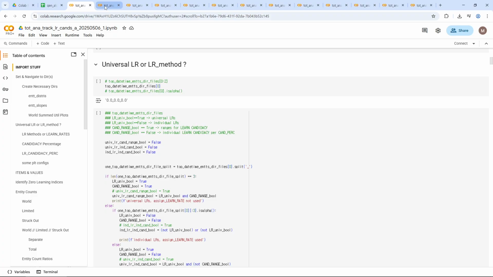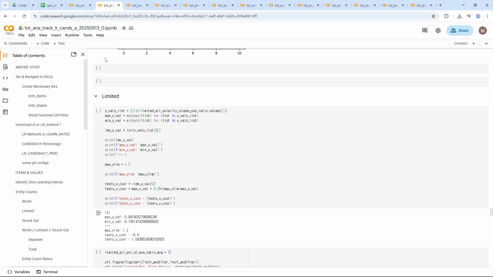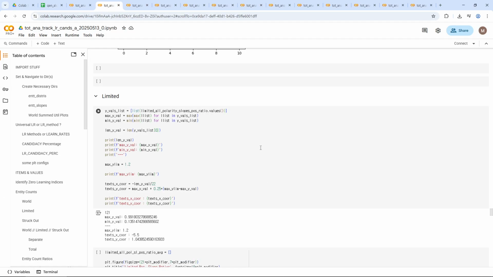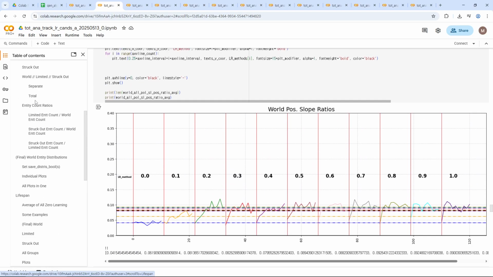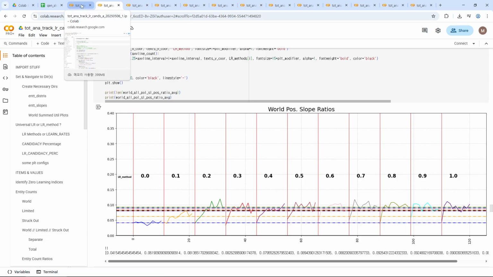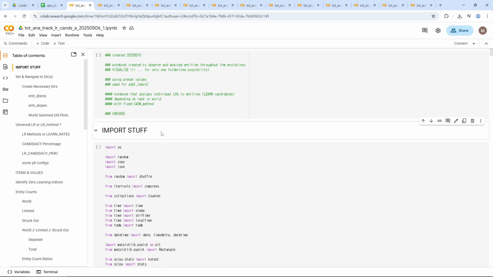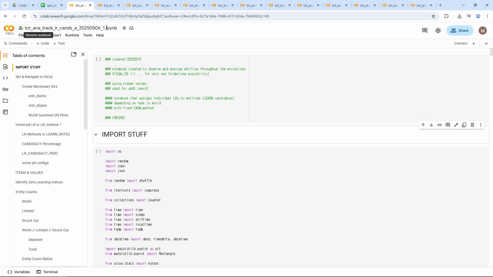Or I can just start from 2025 0513 underscore 0, that is this one, and then start comparing this to the very first one, which is the one that I already did a video about, 2025 0506 underscore 1, where there are 66 candidate ranges, and with the universal learn rate ranging from 0.0 to 1.0. So let's start.